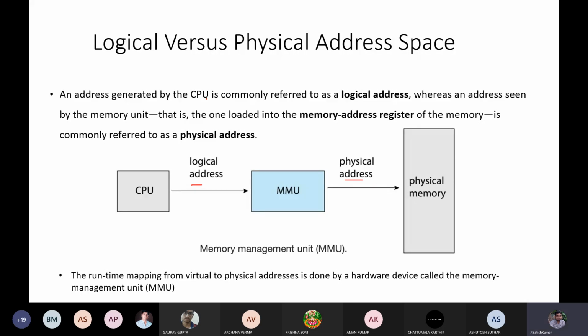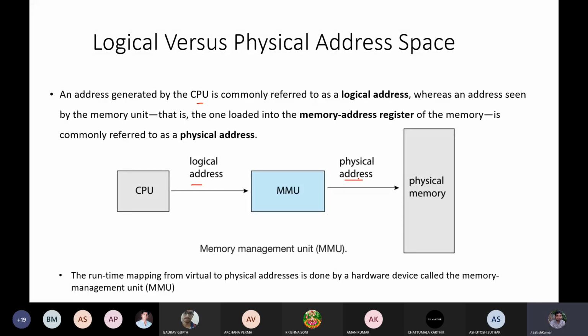The address generated by the CPU is commonly referred to as the logical address, whereas the address seen by the memory unit, that is the physically available address, the one loaded into the memory address register of the memory, we commonly refer to as the physical address.